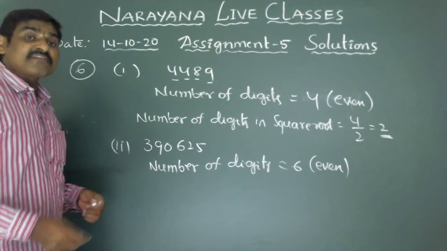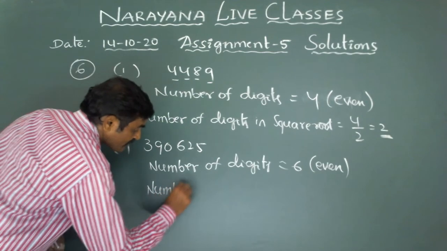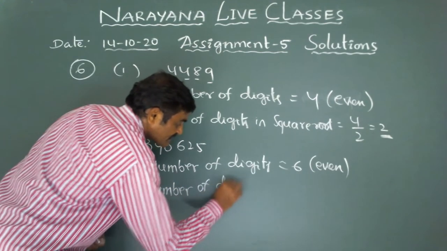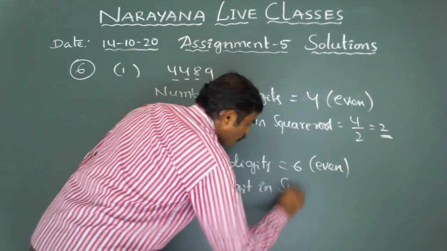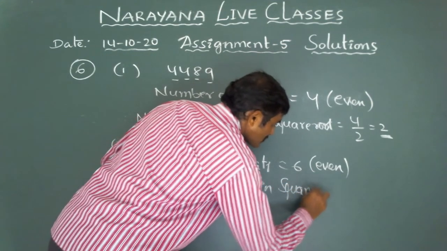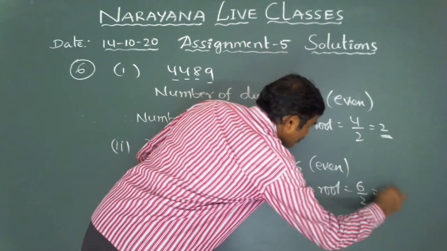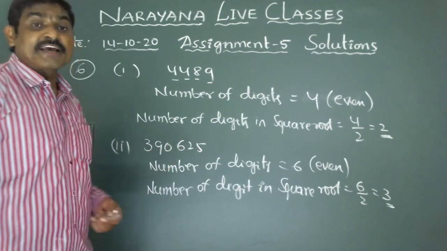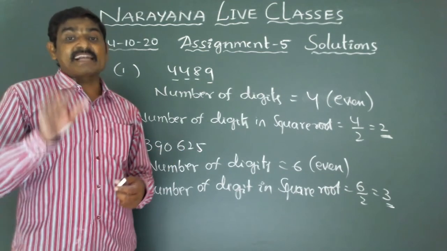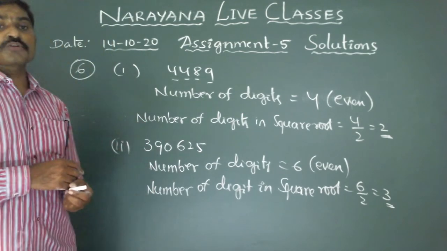Then the number of digits in the square root is equal to 6 by 2, which is 3 digits. So the square root of 390625 will be a 3 digit number. Okay, so this is the sixth one. Let us move on to the seventh one.